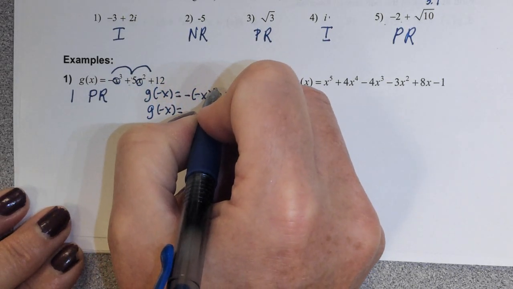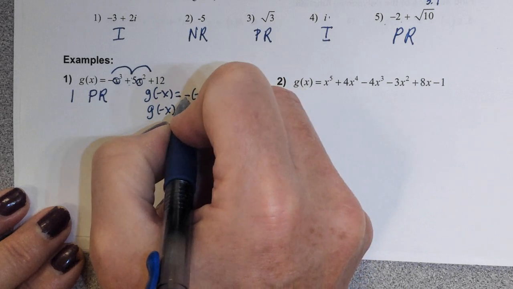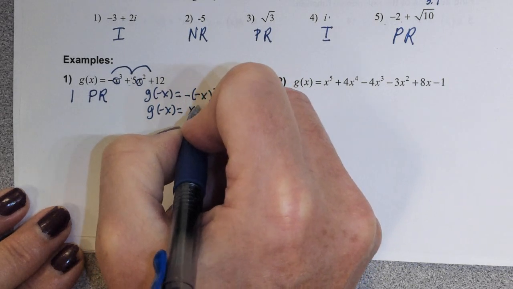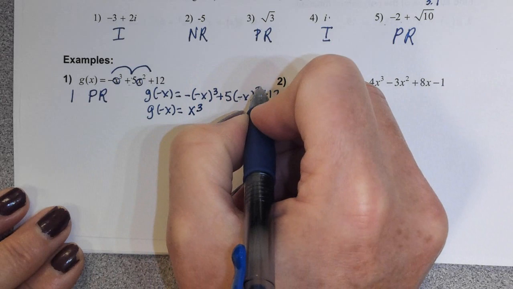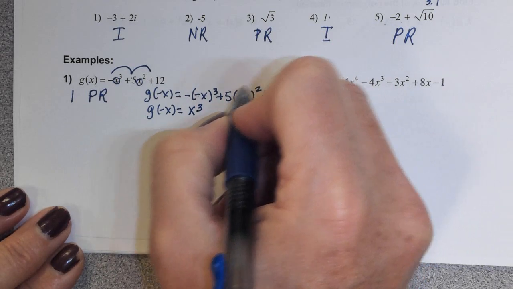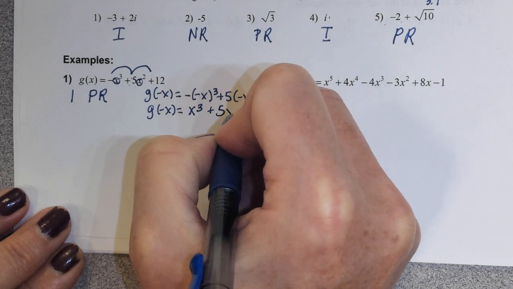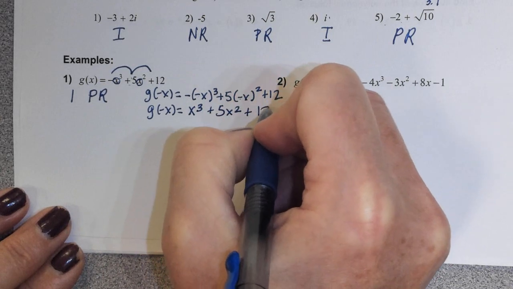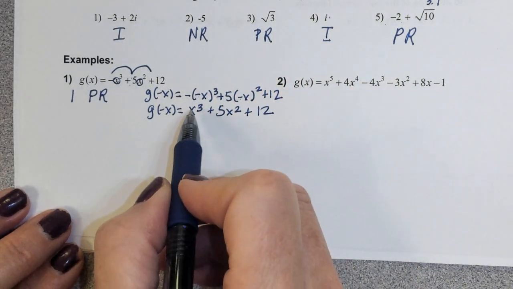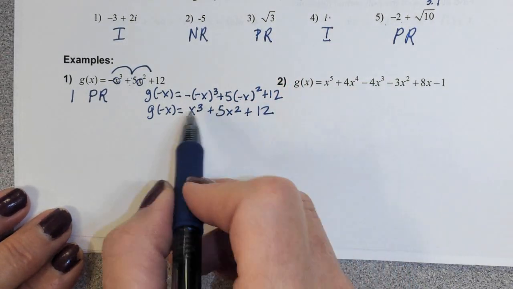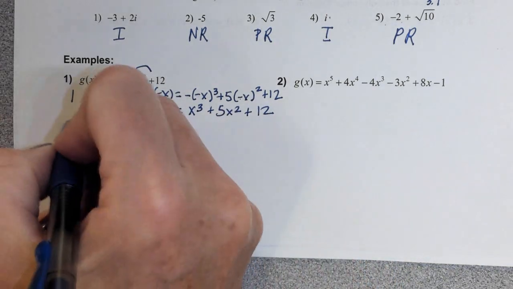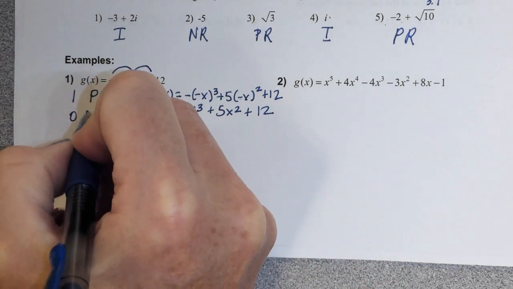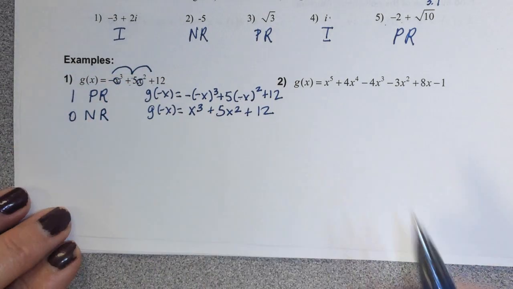A negative to the third power is going to be negative, but times this negative is going to make it a positive. A negative x squared is going to be a positive, times that positive is positive. And then I have plus 12. So what that looks like is I don't have any sign changes. So I'm going to have 0 negative real solutions.